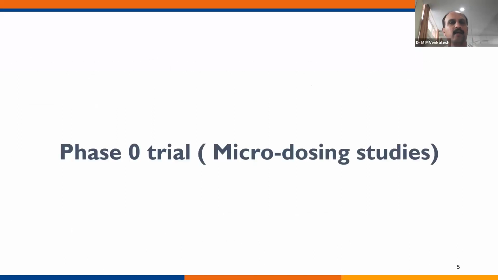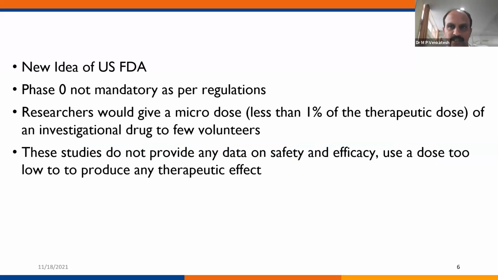Let us see one phase by another phase. The first one is the phase 0 trial. Now in the previous slide, I said it is phase 1, and we never mentioned phase 0. Phase 0 is an optional clinical trial, which will be done for certain products and it is not a compulsory trial. Generally, they are called microdosing studies.